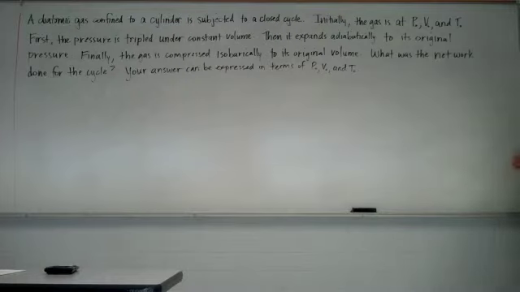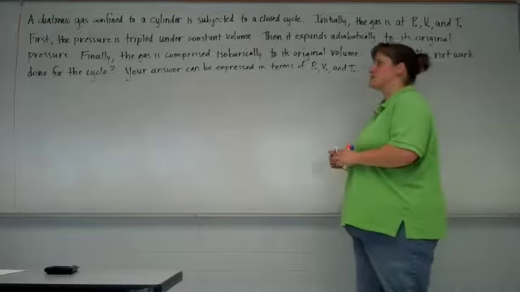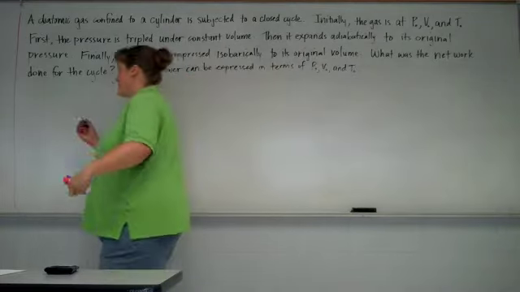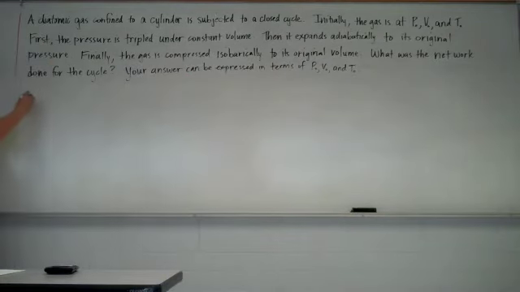We want to know what the net work done is for the cycle. If we were to graph this cycle on a PV diagram, we start at some initial pressure P naught and some initial volume V naught.